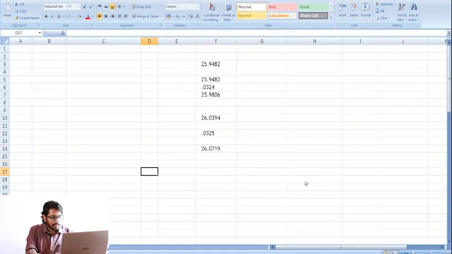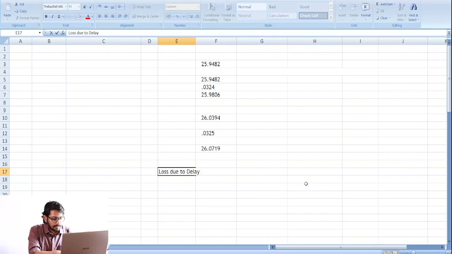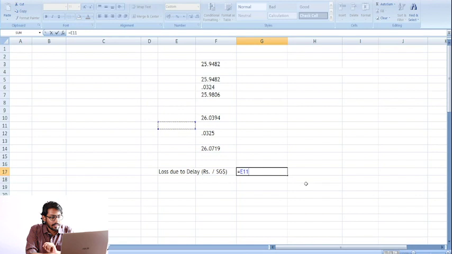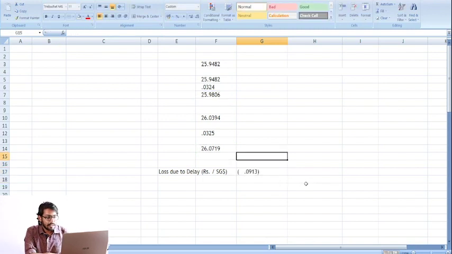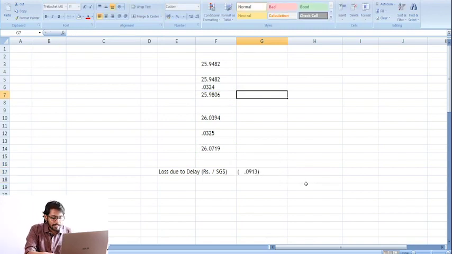Okay, so over here you can take loss due to delay, rupees per Singapore dollar. It would have been 25.9806. However, you had to pay 26.0719.